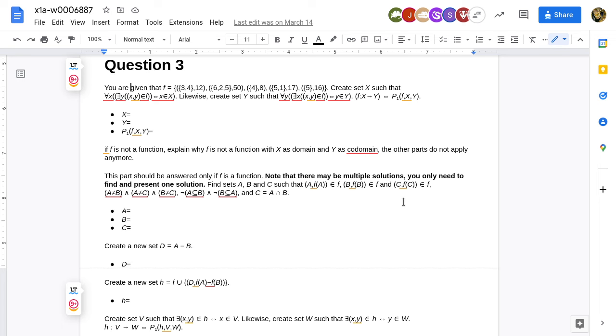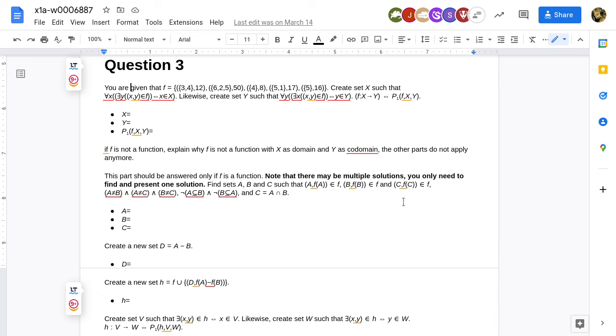If A, B, and C are exactly the same thing, it's very easy to find C, because if you take a set and you ask for the intersection of itself, it's the same thing. So I just did not want the answer to be trivial.